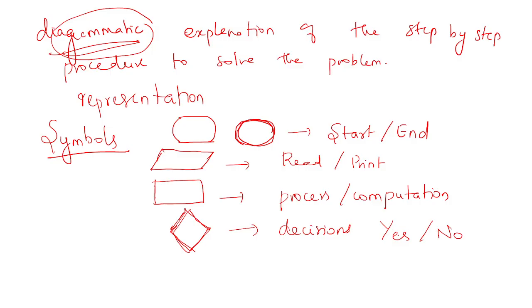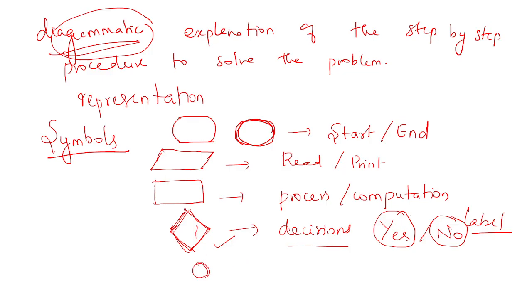Always you should label the branches. Whenever you draw a flowchart, you should label the branches as yes or no. This is very important. The same decision box is used for conditional constructs, that is to compare values, and even for repetition we use the same symbol.